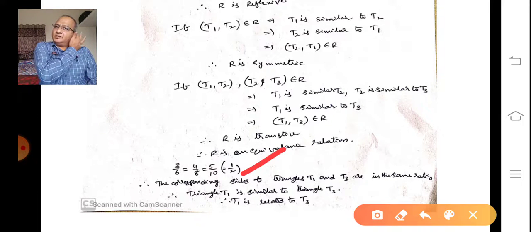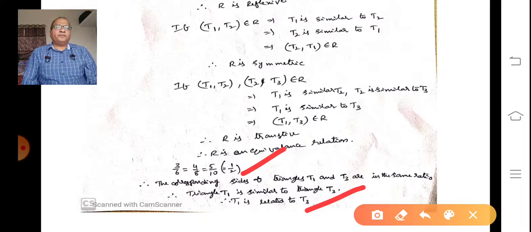In similar triangles, the sides are in the same proportion. So 3 by 6, 4 by 8, 5 by 10. All the corresponding sides are in the same ratio, that is 1 by 2. Hence the corresponding sides of triangles T1 and T3 are in the same ratio. Therefore the triangle T1 is similar to T3.